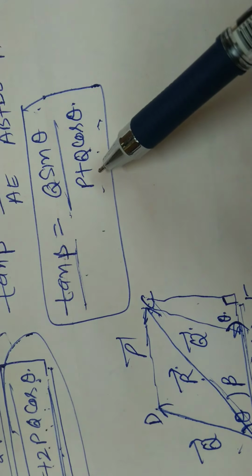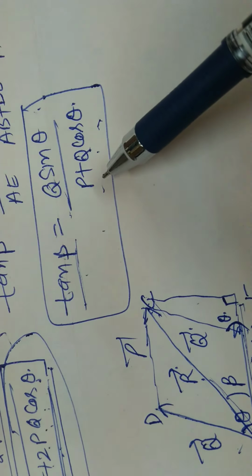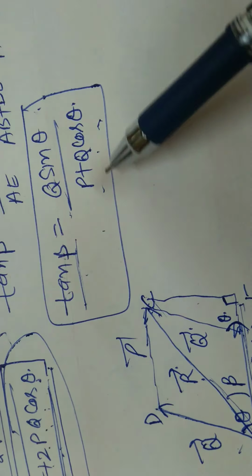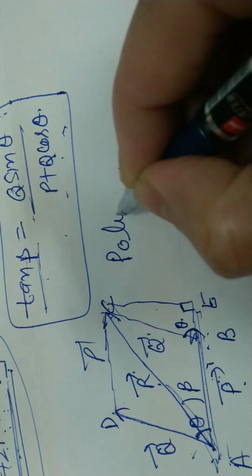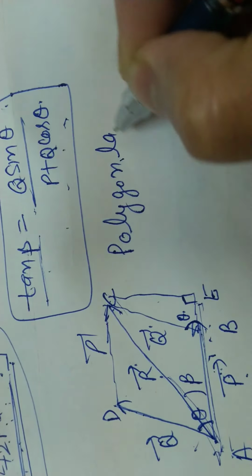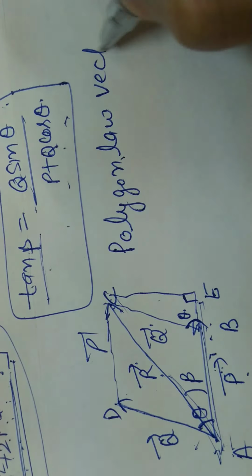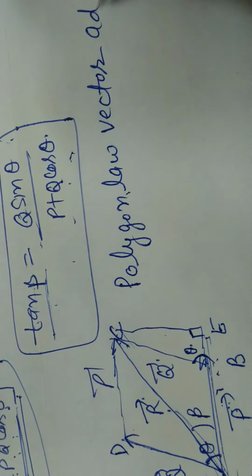Then if we add more than two vectors, what do we have to use? Then we have the third law, that is called the polygon law of vector addition.